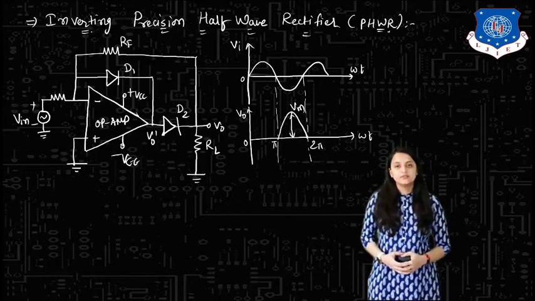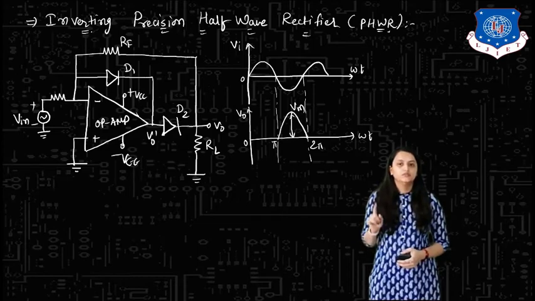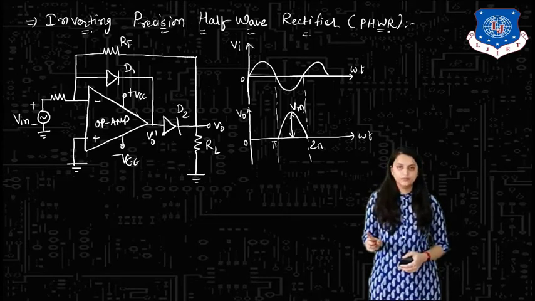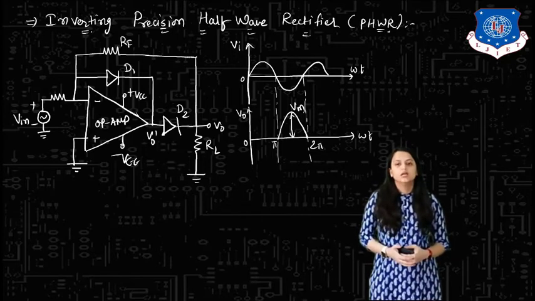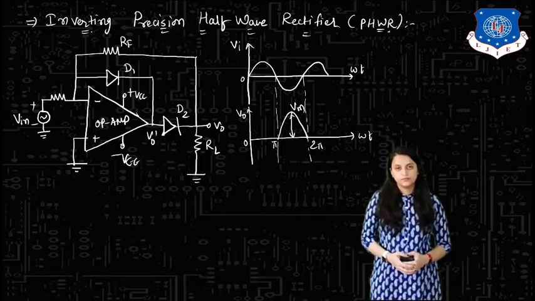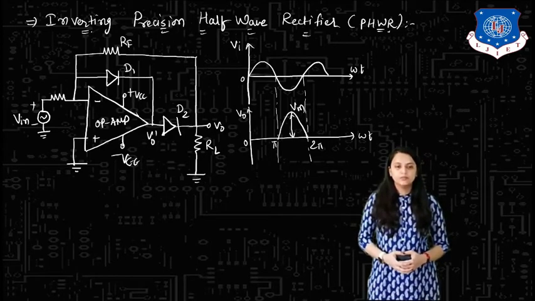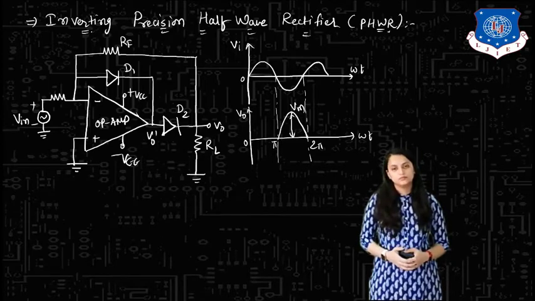Here the supply is given to the inverting terminal and two diodes are used. One diode in the feedback, that is D1, and the diode D2 at the output side. And here the non-inverting terminal is connected to ground. Here RF is the feedback resistance and RL is the load resistance.